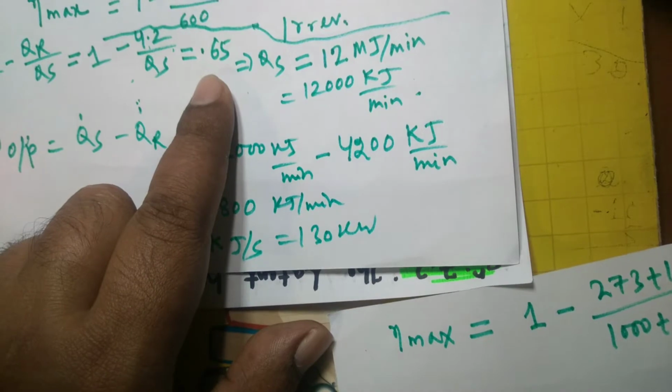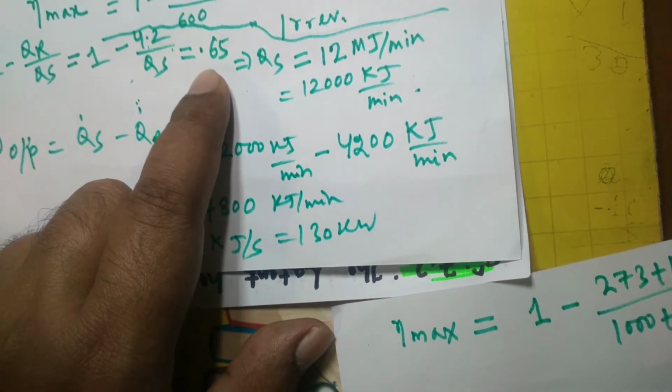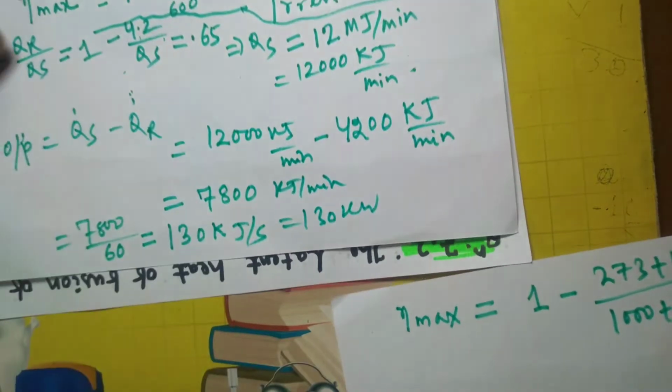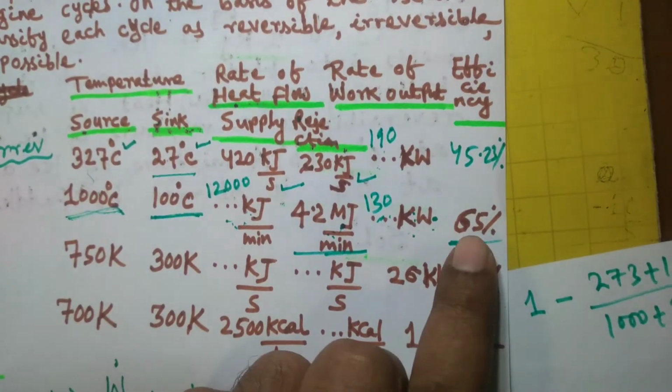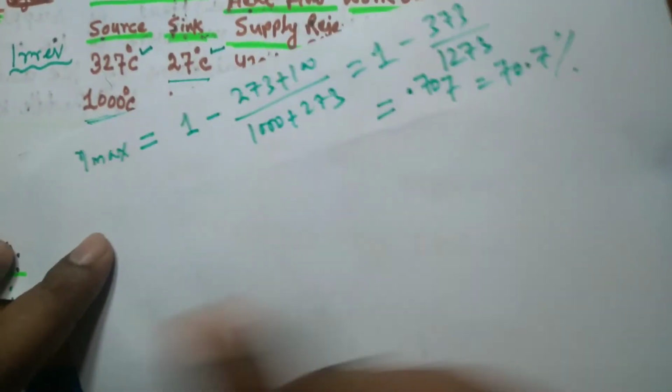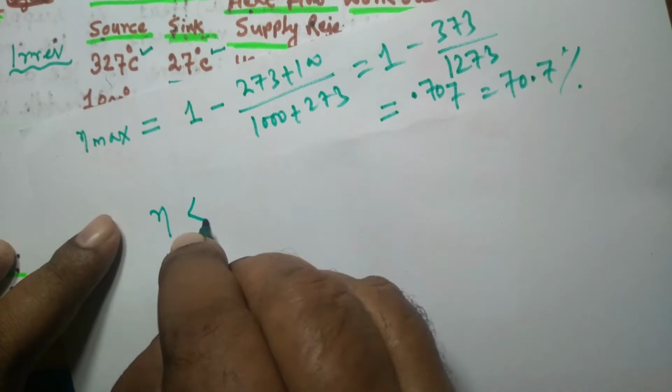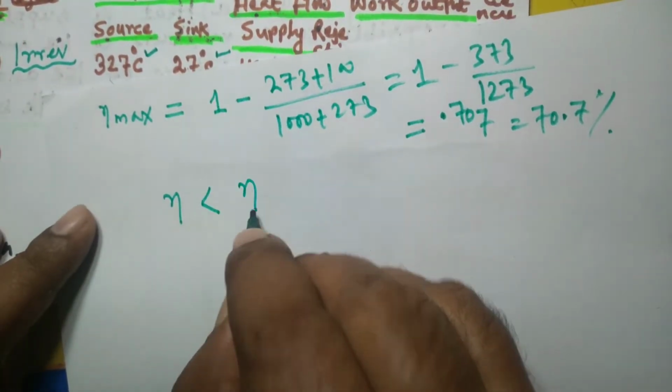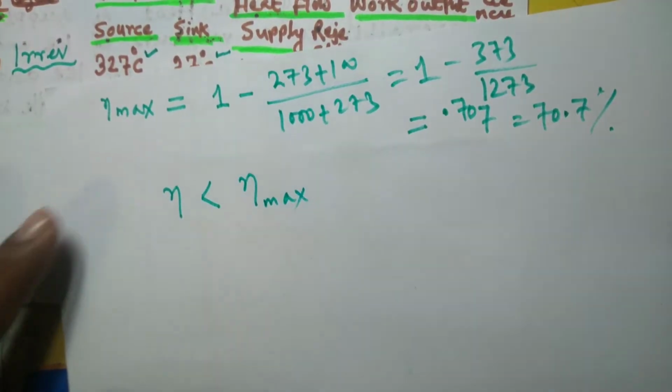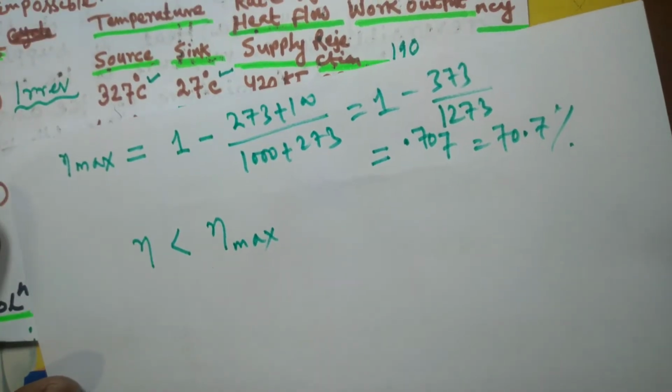But for the given engine, the efficiency is given as 65%. We need not calculate this. This is given in the question, that is 65%, 0.65. That means the efficiency of the given engine is less than the maximum efficiency possible between these two given temperature levels.